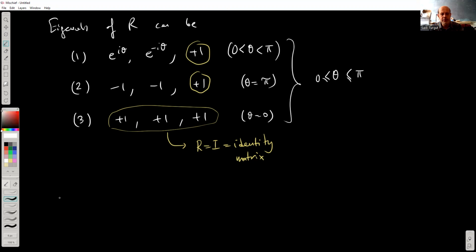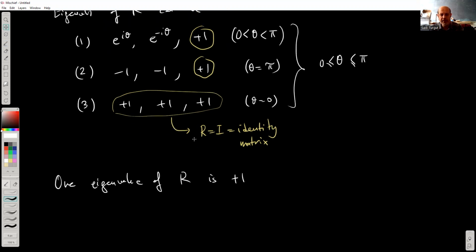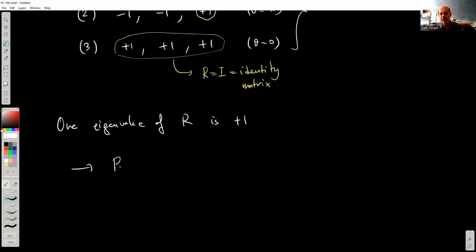So one eigenvalue of R is equal to +1. This implies that there's a corresponding eigenvector. R applied on n gives lambda times n, but here lambda is +1, so this is equal to n.